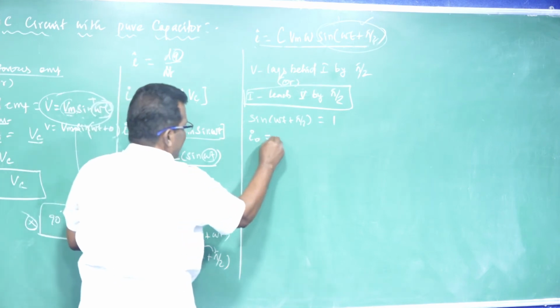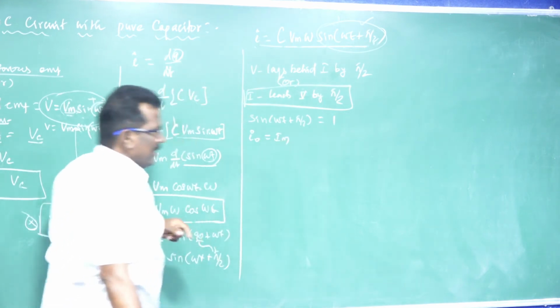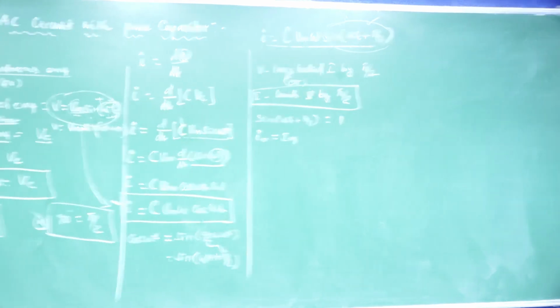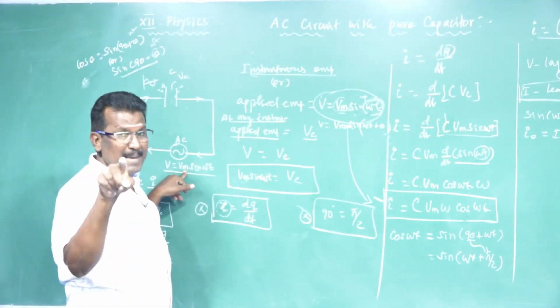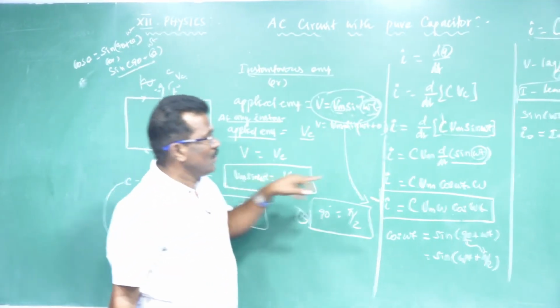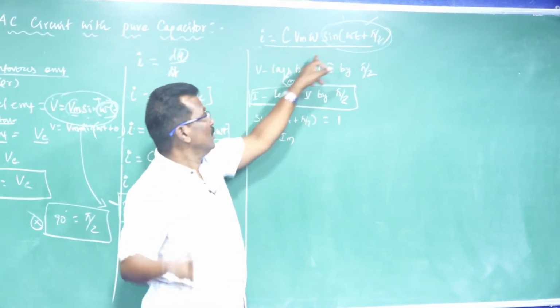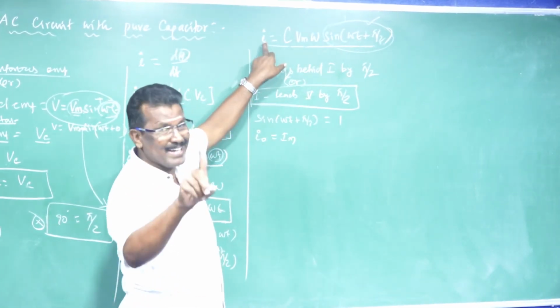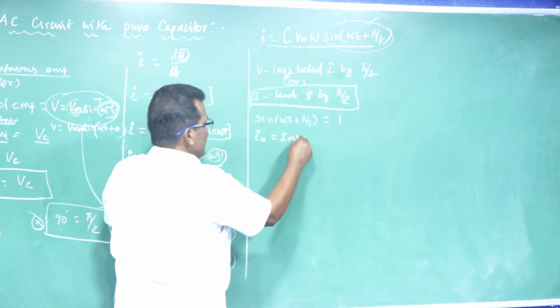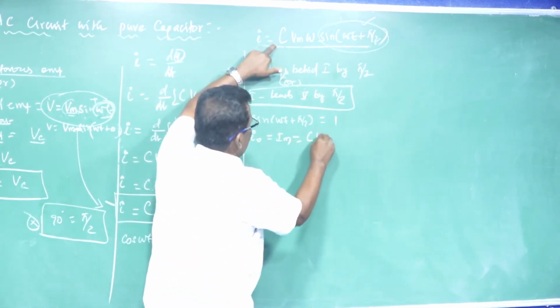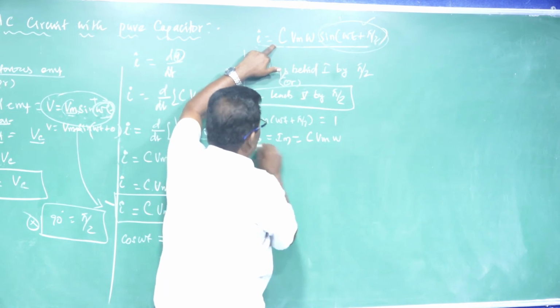Choose either I naught or Im, because we use the notation Vm. Vm represents the maximum voltage, that is the peak voltage. So when sin omega t plus pi by 2 is equal to 1, I becomes I naught or Im, which is equal to C Vm omega.